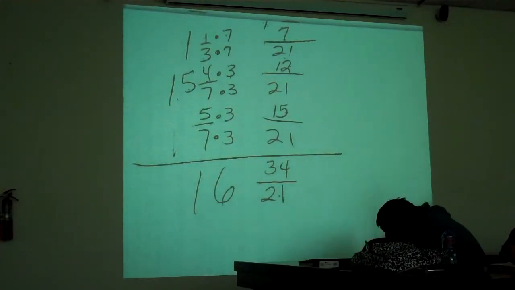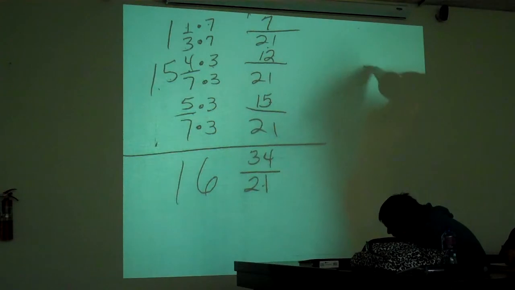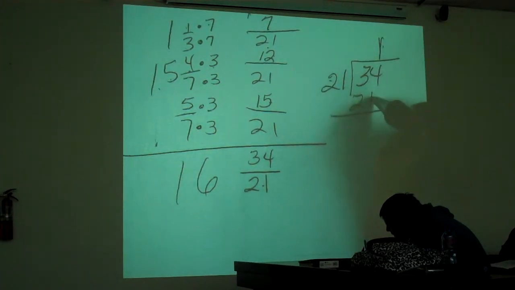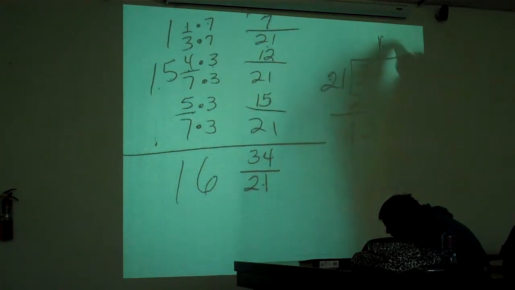34 over 21 is improper, so we do 34 divided by 21. One time, 1 times 21. Subtract, 4 minus 1 is 3. So we have 13 left over. Goes on top, 21 stays on bottom.